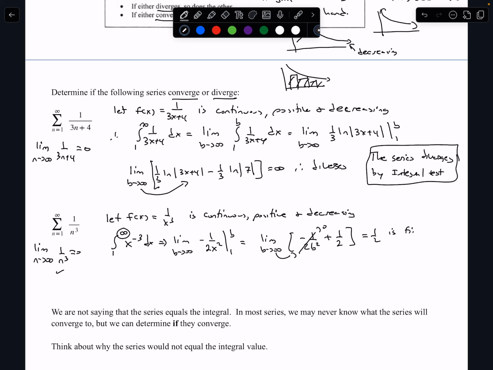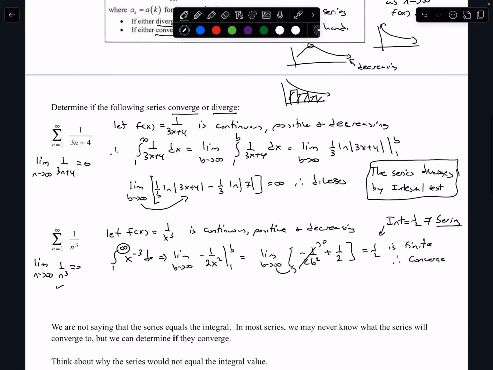Now, this is finite. Therefore, what does it mean? The integral converges. Now, be very careful. This doesn't mean the series equals 1/2. This is the integral. The integral equals 1/2, not the series.